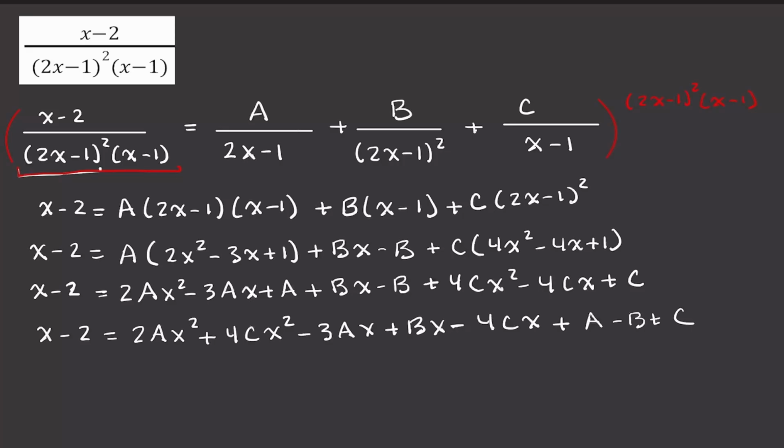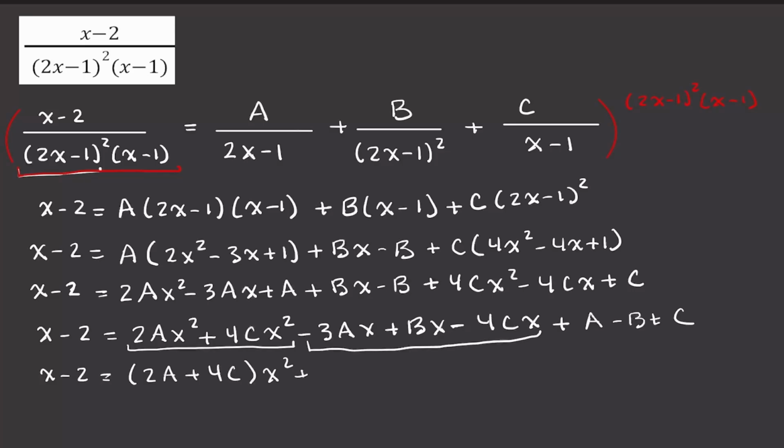After this step, we factor out a common multiple from each one. So x minus 2 is equal to 2a plus 4c times x squared, plus negative 3a plus b minus 4c times x, and now the constants we just leave at the end.